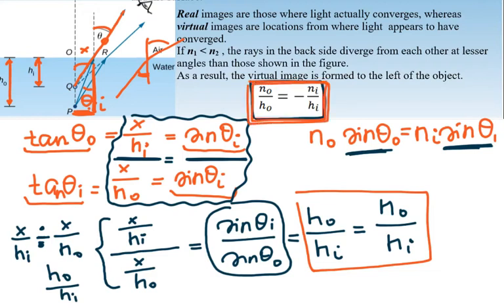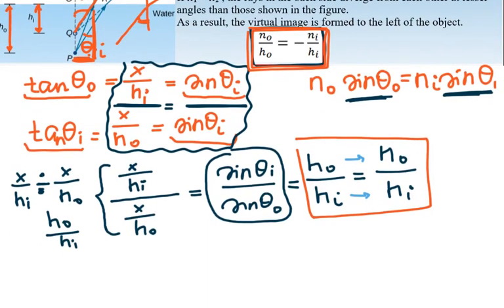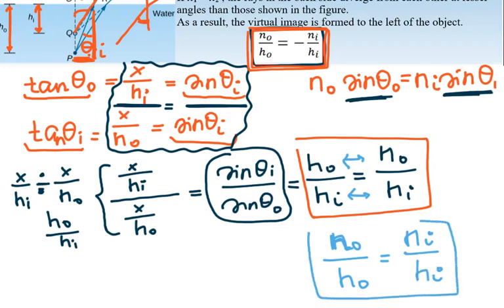So they just write it this way: NO over HO is equal to NI over HI. And the negative sign, you don't have to worry about it right now. When we do optics, you will understand that part, but for now, just this.